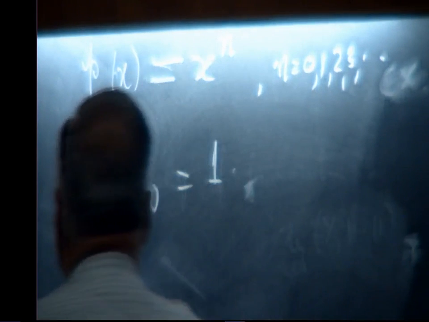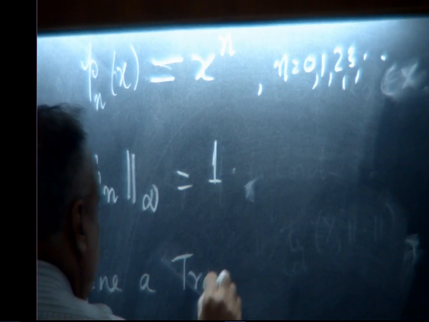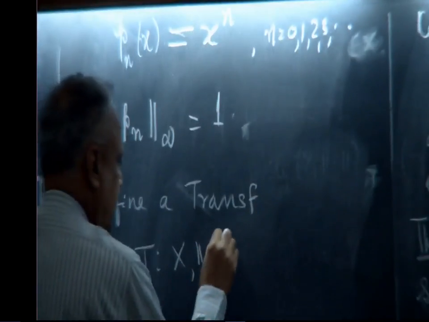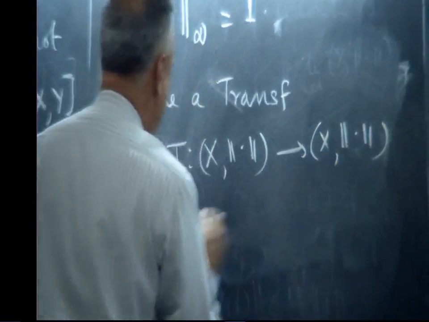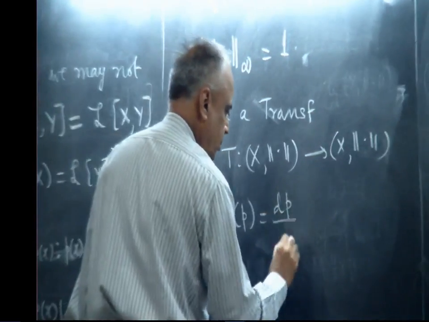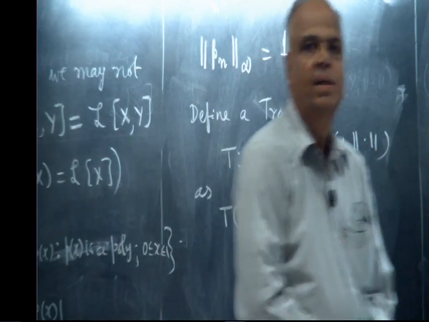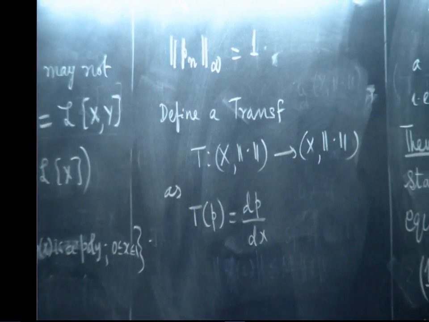Right. Now, define a transformation T from X to X as T of P is the derivative of P. Well, if I differentiate a polynomial, I still get a polynomial. So, therefore, it is certainly a transformation from X to X. It converts polynomials to polynomials.